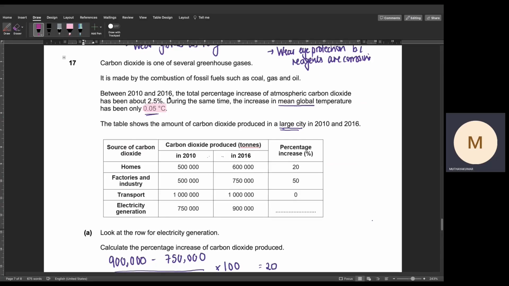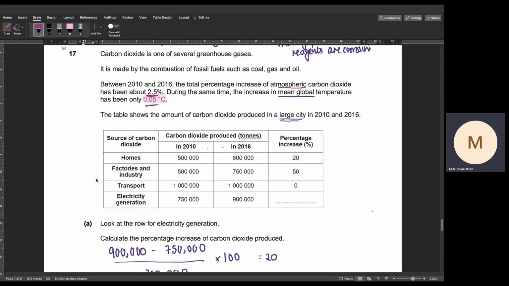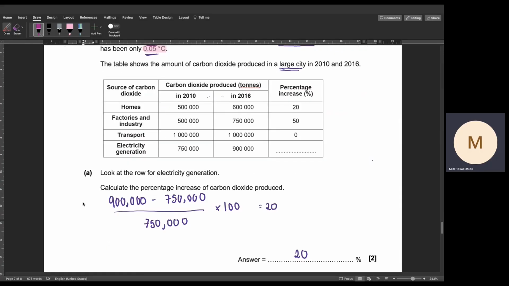So between 2010 and 2016, the total percentage increase of atmospheric carbon dioxide has been about 2.5%. So despite the large increase in carbon dioxide emission, the percentage increase of carbon dioxide in the air is much less. So that could be our third point.